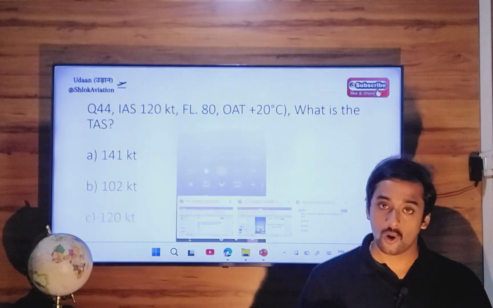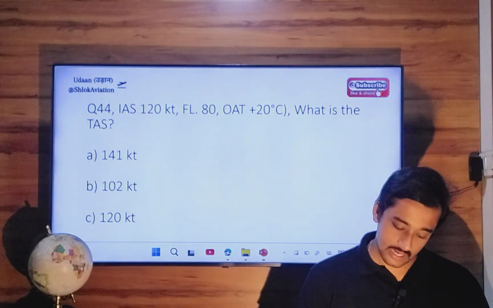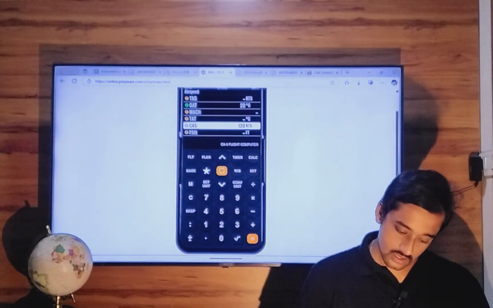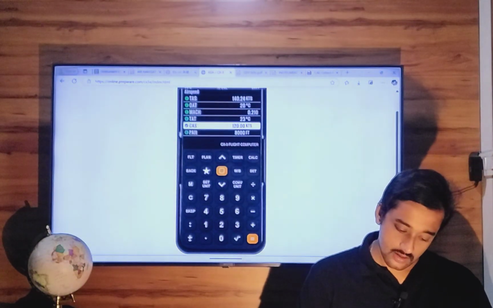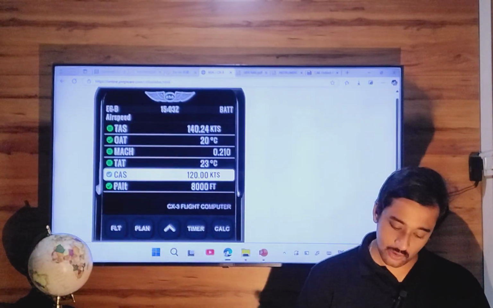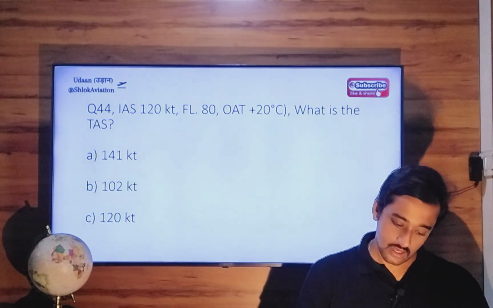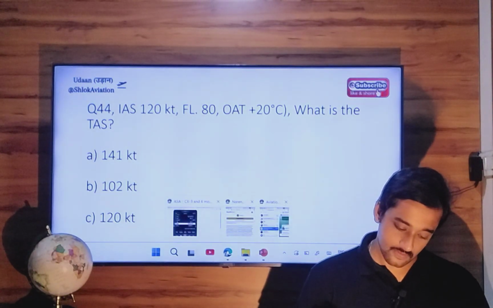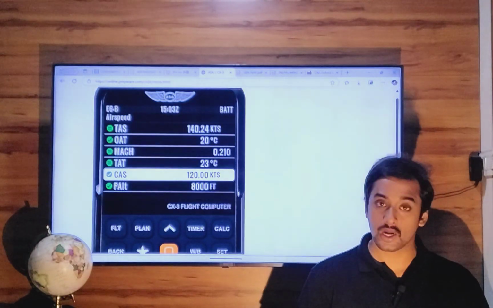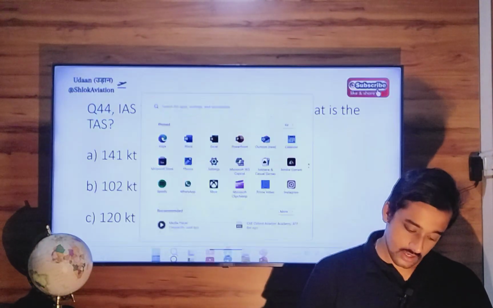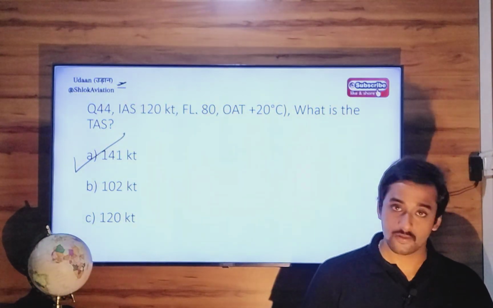Calibrated airspeed or indicated airspeed is 120 knots. Pressure altitude is 8,000 feet. Okay, double check: pressure altitude 8,000, outside temperature 20, and speed 120 knots. So TAS will be 140 knots. So the correct answer is option Alpha.